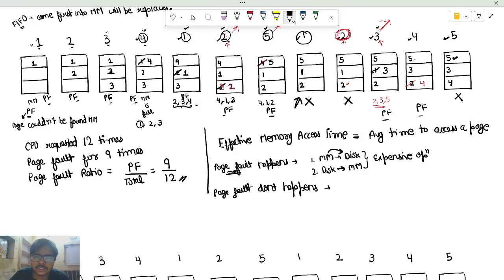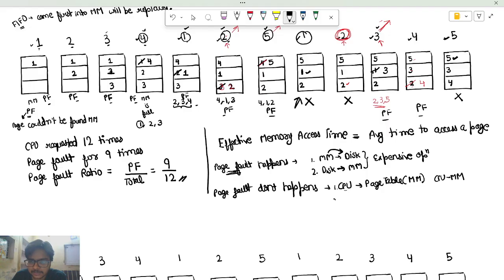CPU requested page number 1 and page number 1 was already present. So in this case, from the CPU, the flow goes first of all to the page table. So it will get to know the frame number from the page table. The page table remains in main memory only. So there is a communication between CPU and main memory.